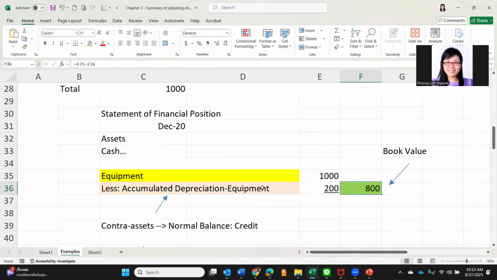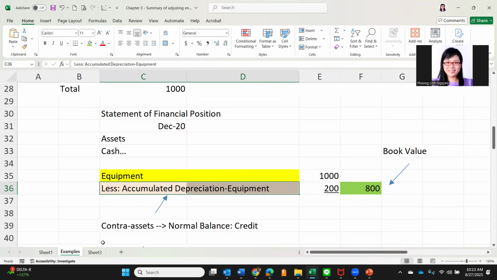Now, accumulated depreciation, what kind of account is that? Is that an asset, liability, or owner's equity? The answer is it's an asset, but it's called a contra assets account. Why contra assets account? Because accumulated depreciation makes the equipment value go down, right?